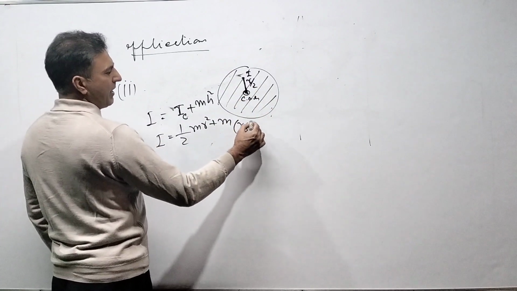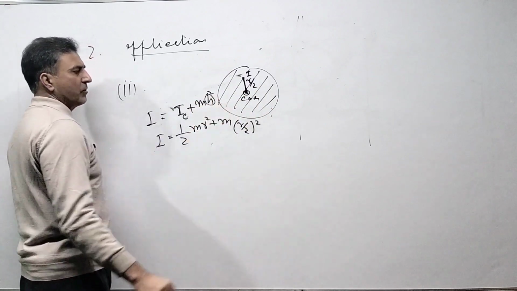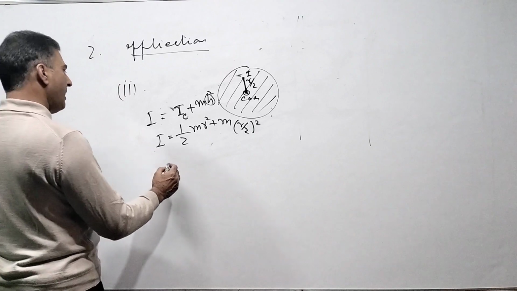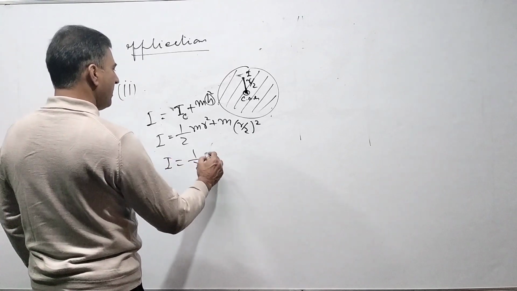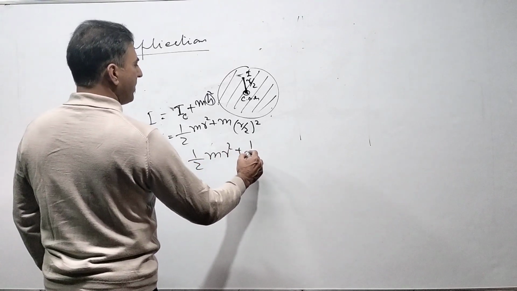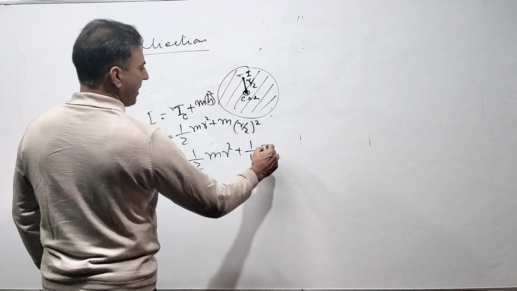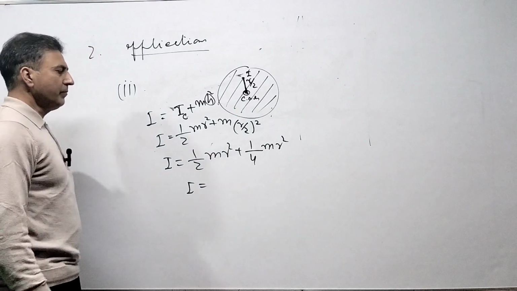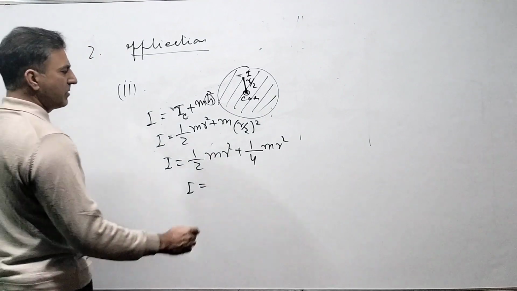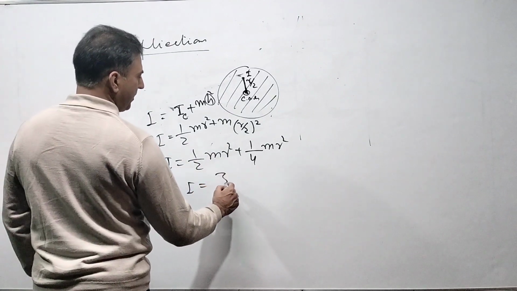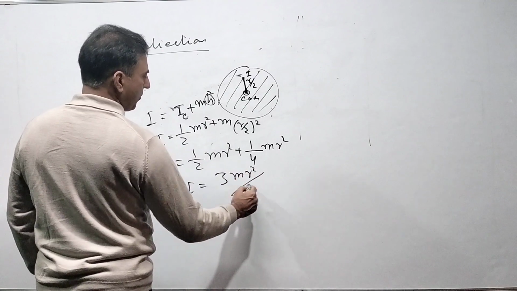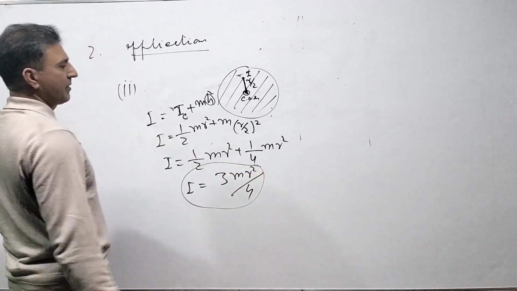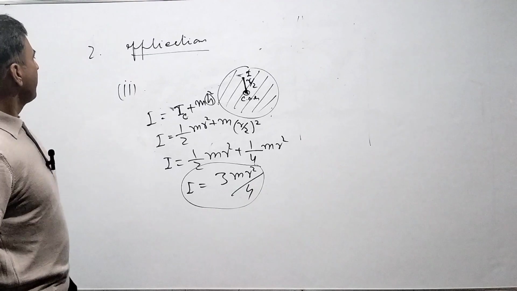That is r by 2 and square of this because of h square. So it is I equal to 1 by 2 mr square plus 1 by 4 mr square. So I equal to, if you add them up, it is 3 mr square by 4. Answer. If you add them up, you will get this answer.